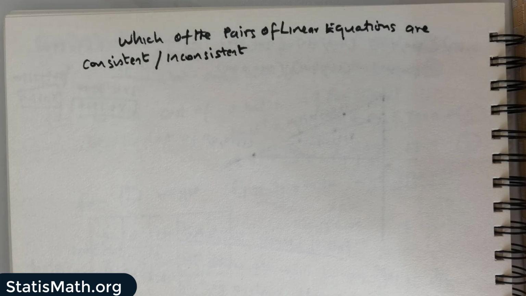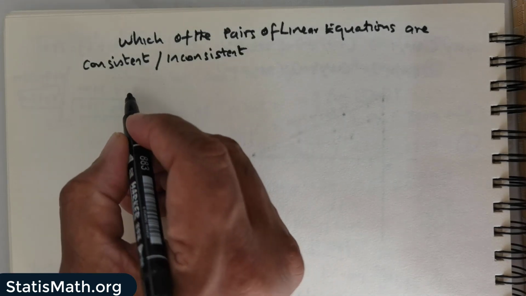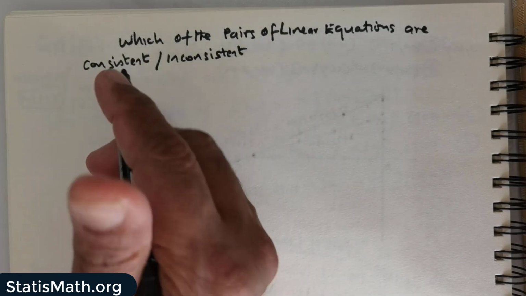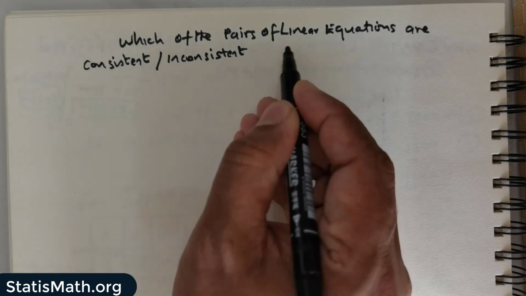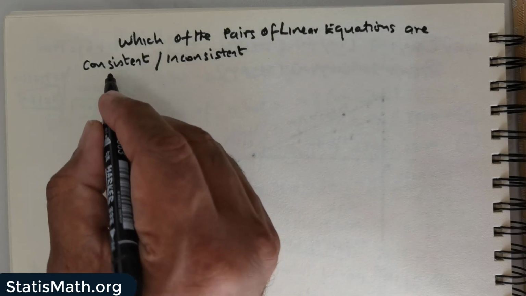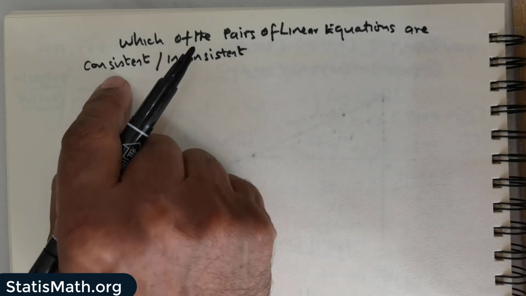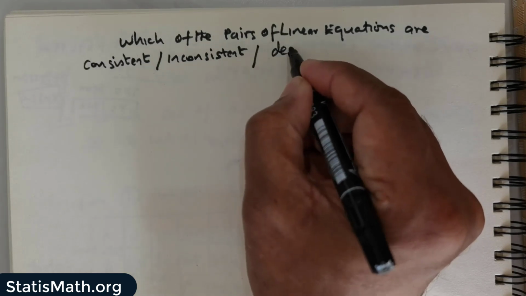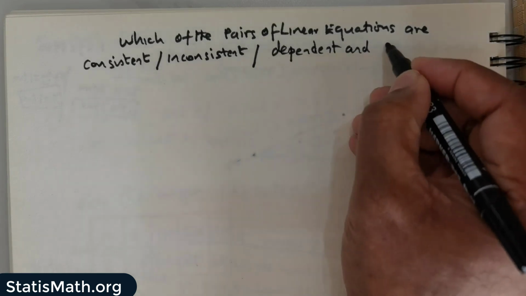Before I set off in the problem solving mode, let me give you a recap of the requirement for a pair of linear equations to be consistent or inconsistent. Along with being consistent and inconsistent, there is something called dependent and consistent.